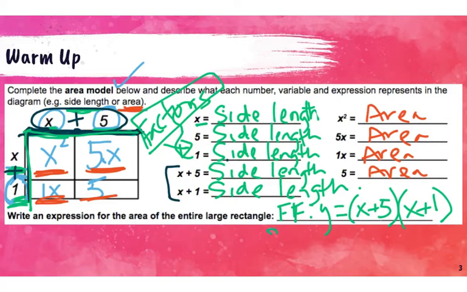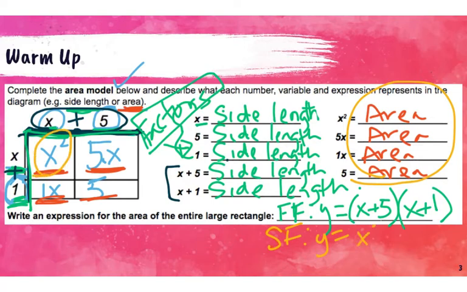Now, if I want standard form, let me do that in a different color, because red is just not showing up. Standard form would be all of the areas added up. Here I've got 1x squared.